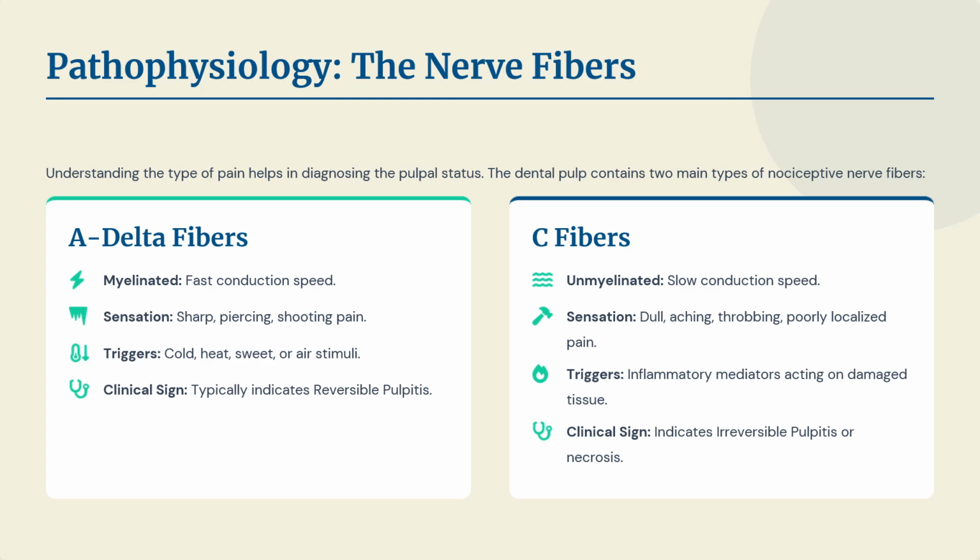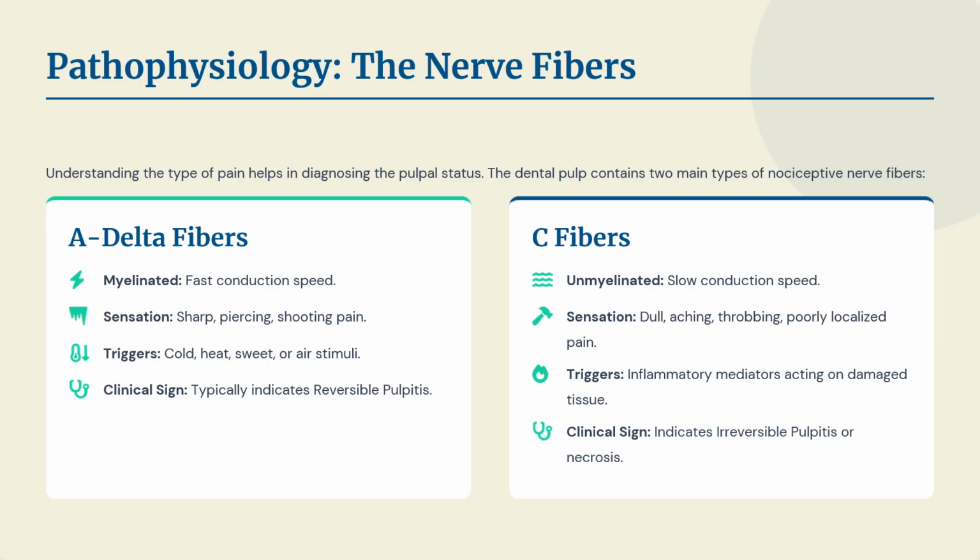Whenever there is a sharp, piercing, or shooting pain, that's because of stimulation of the A delta fibers. With the C fibers, the type of pain is dull, aching, or throbbing, and poorly localized. So all the dull, throbbing, poorly localized pain is from C fibers, and sharp, piercing, and shooting pain is from the A delta fibers.